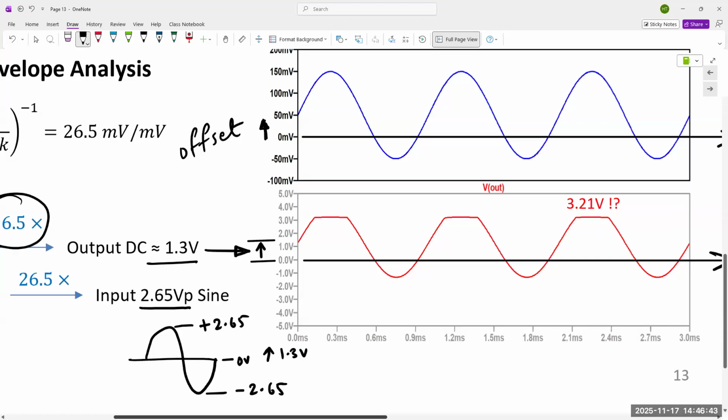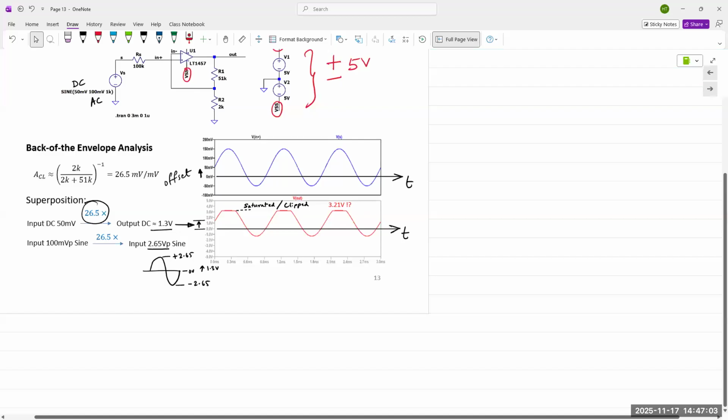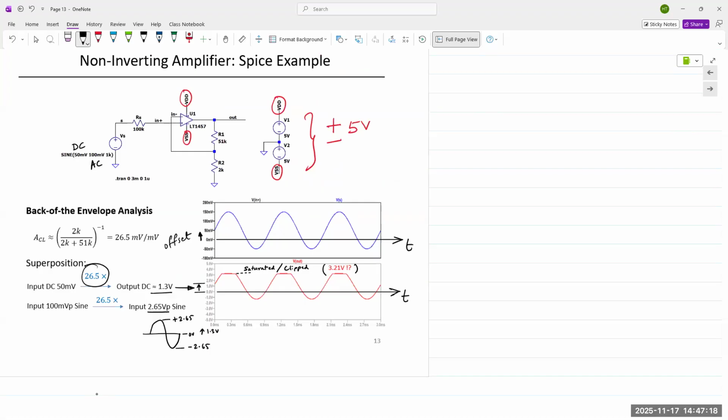When it shifts up by 1.3 volts, you can see the top portion of the output is saturated, or you could say clipped off, because it's hitting the upper limit of VDD, which is 5 volts. But of course, it's not going all the way to 5 volts. It's getting clipped at 3.21. A small portion, in this case almost 2 volts, of that power supply is being consumed within the op amp itself.